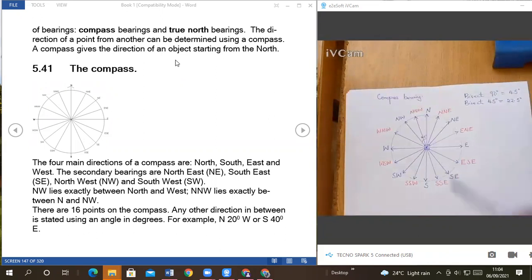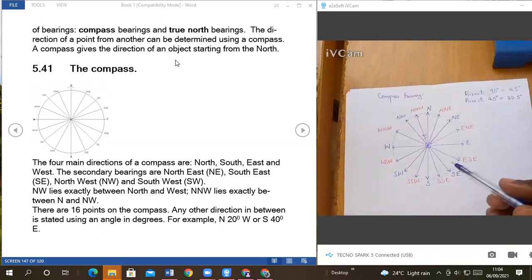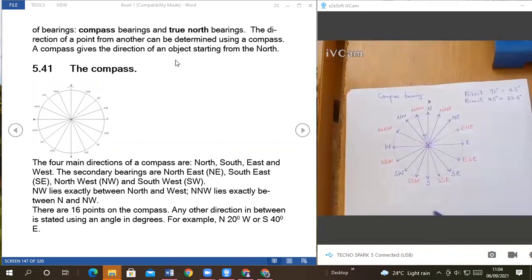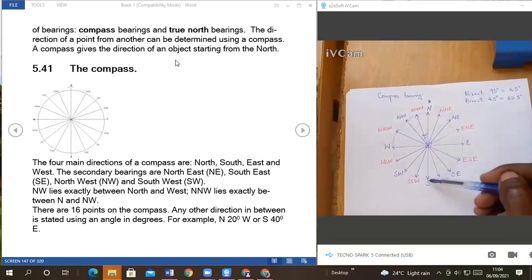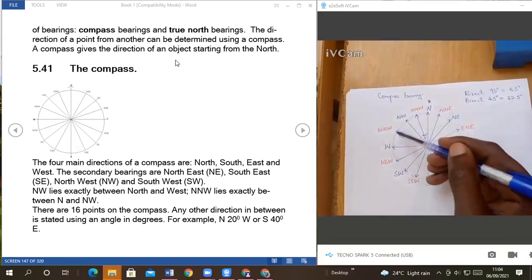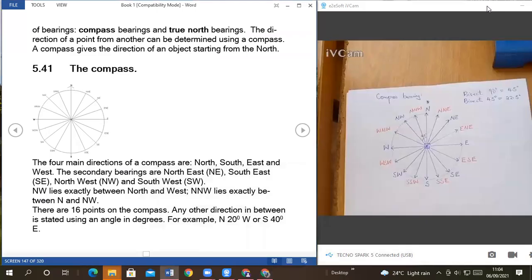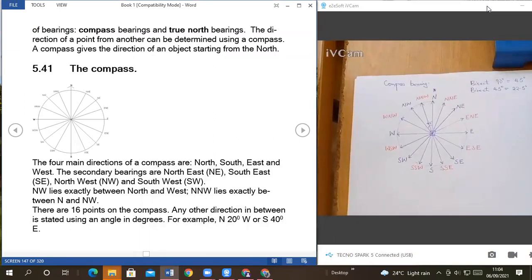Now, members, when you count them, how many are there? Start counting from the north. 1, 2, 3, 4, 5, 6, 7, 8, 9, 10, 11, 12, 13, 14, 15, 16. How many are there? 16. Who has got 17?